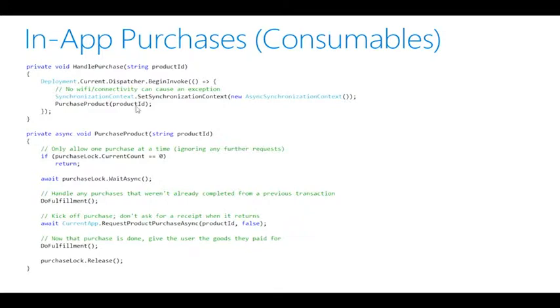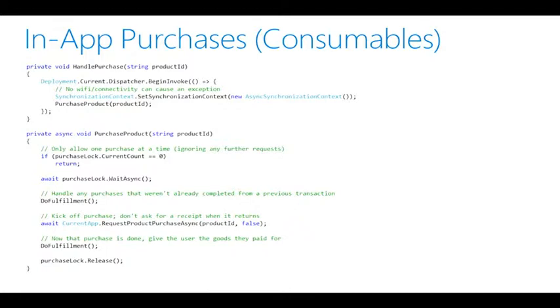One thing I'll point out, if you try and test your in-app purchases without having your app ID set, you will get an exception. And it's an exception you won't know. There's not much information. So know that if you get an exception when you're trying to call any of these methods, make sure you have your app ID set in your WMAppManifest.xml.